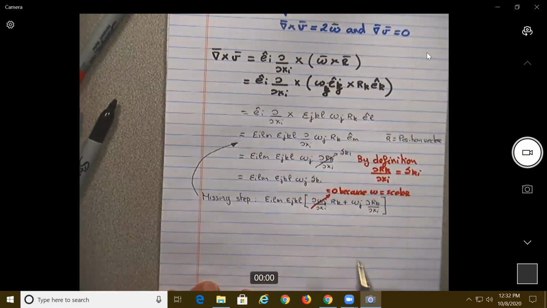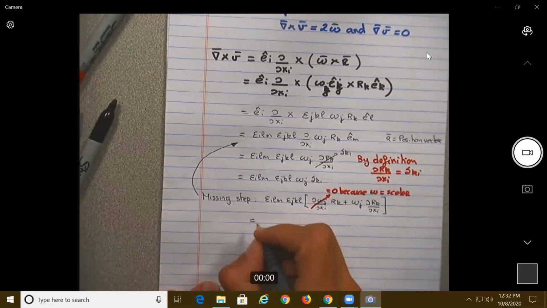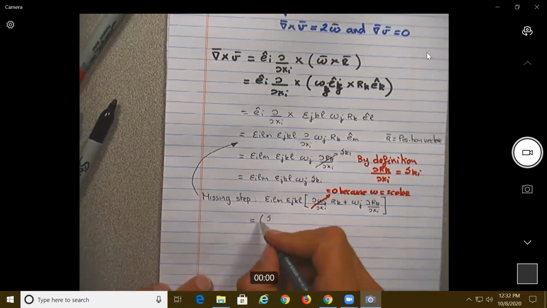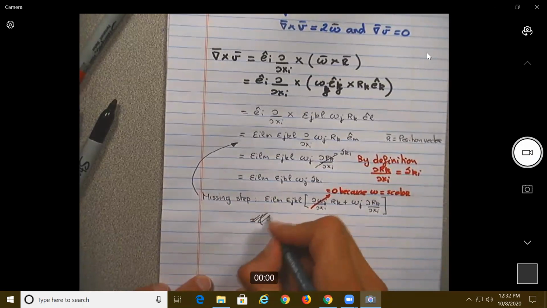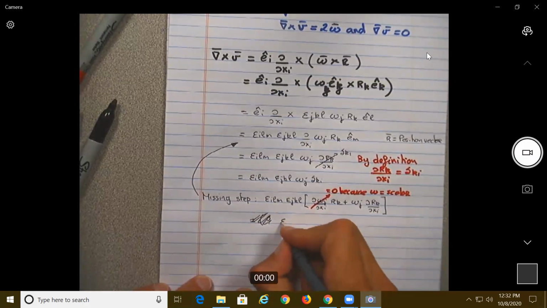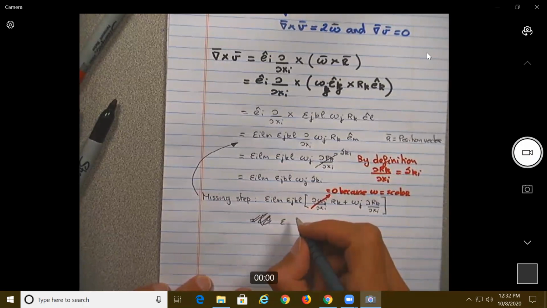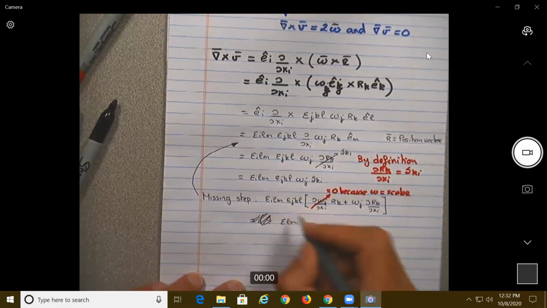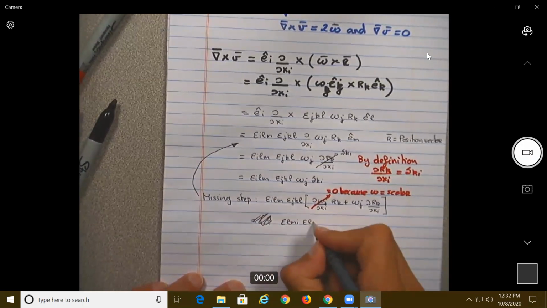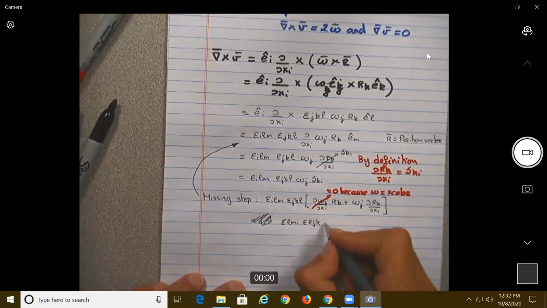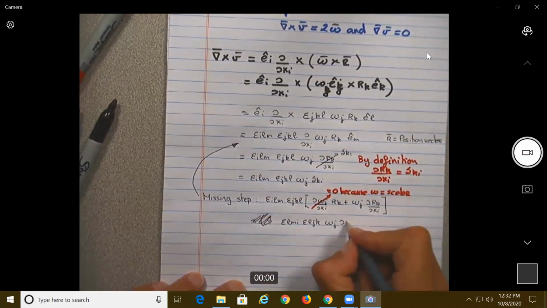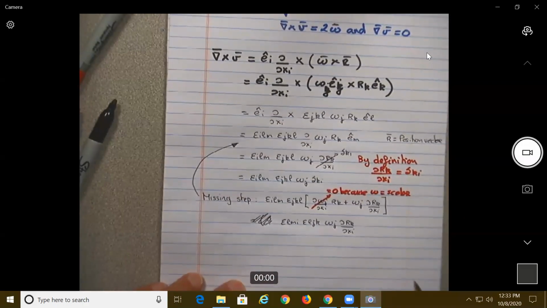So now, if we do this, what do we get? I'm going too fast again. All right, so it will be epsilon_LMi epsilon_Ljk of omega_j, partial r_k over partial x_I.